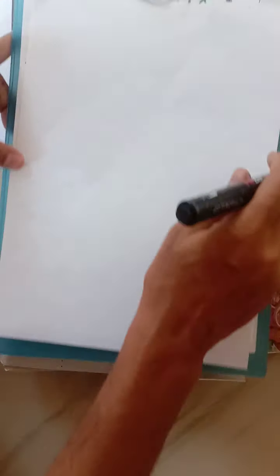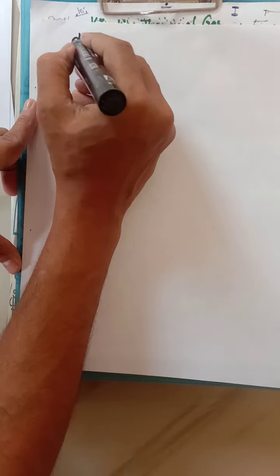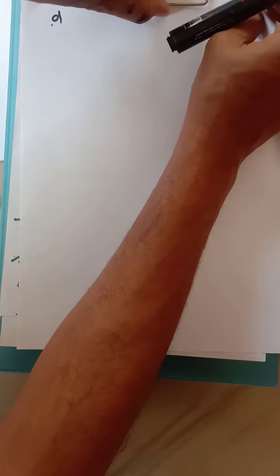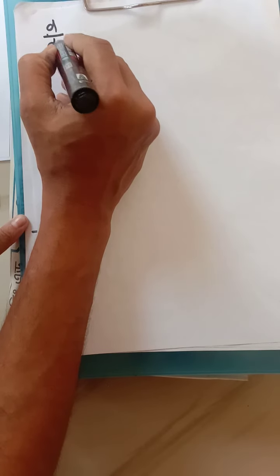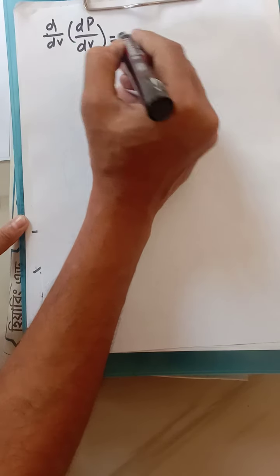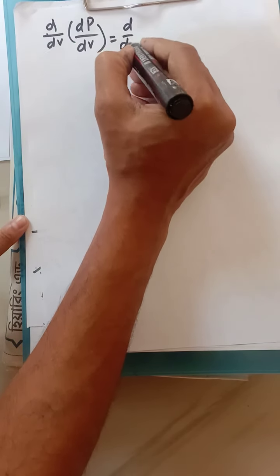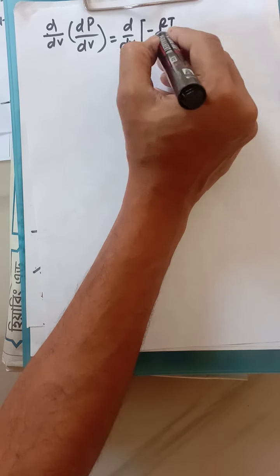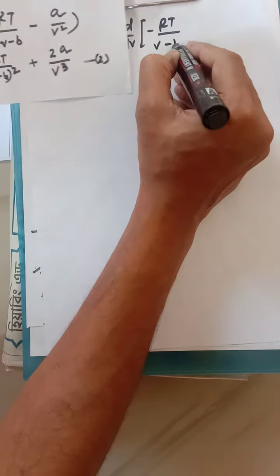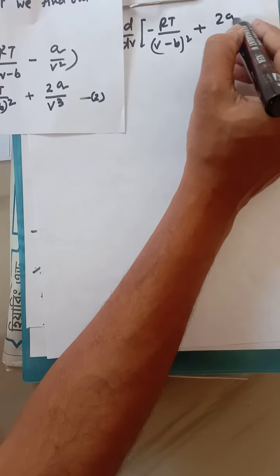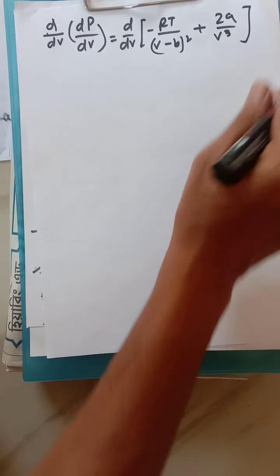Now dp/dv is over. Now moving to the second derivative part, that means d/dv of dp/dv, that means d/dv of the first equation, that means minus RT/(V minus B) squared, just as we have calculated, plus 2A/V cube.